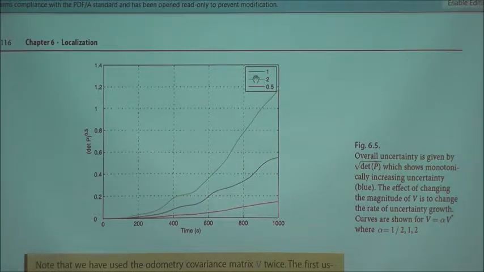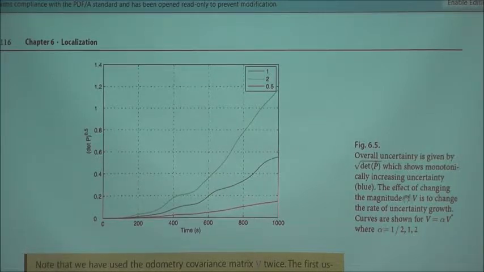That is for alpha equal to 1. Then you have two other curves, alpha equal to 1/2, which is the red one. If you have low deviations, you will expect to have better results, and uncertainty is smaller. And if you have a very large one, like 2, twice the nominal value, you get this green curve, which is even worse than the blue. Okay.